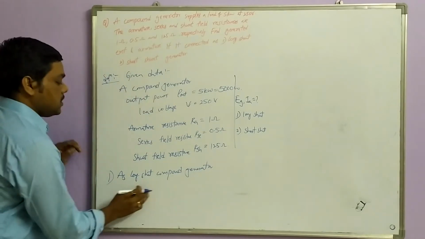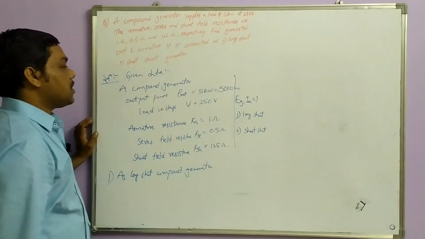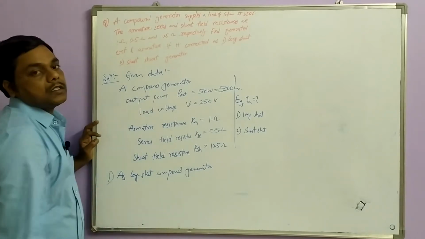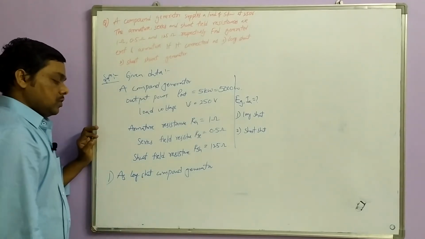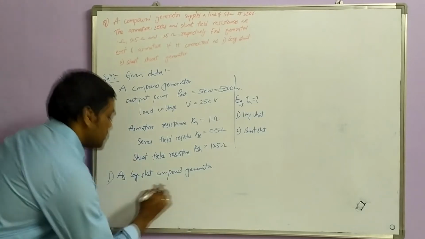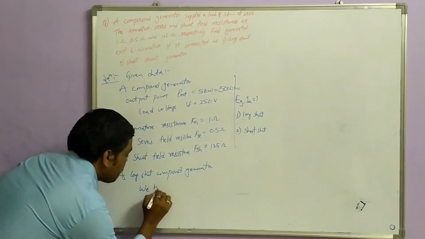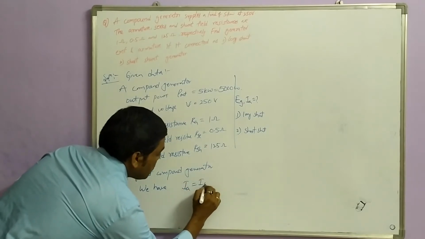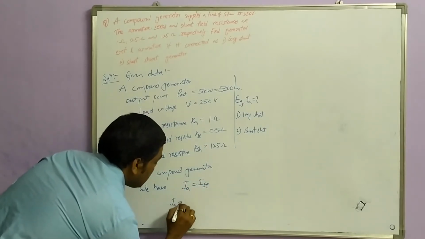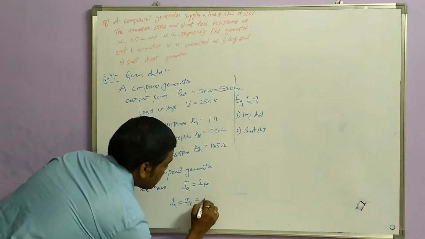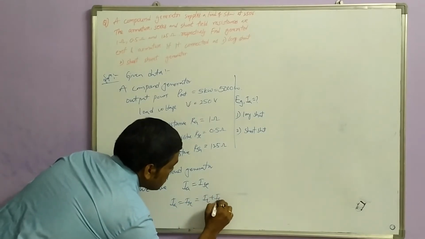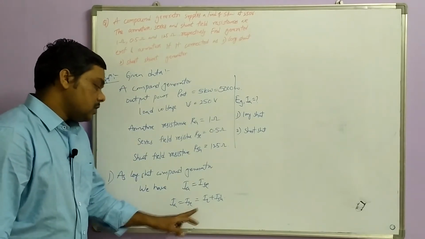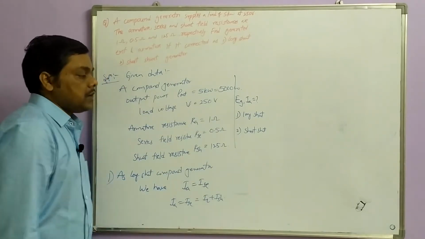First case, as a long shunt compound generator, similar to a shunt generator, we have IA is equal to ISC, which is equal to IL plus ISH.